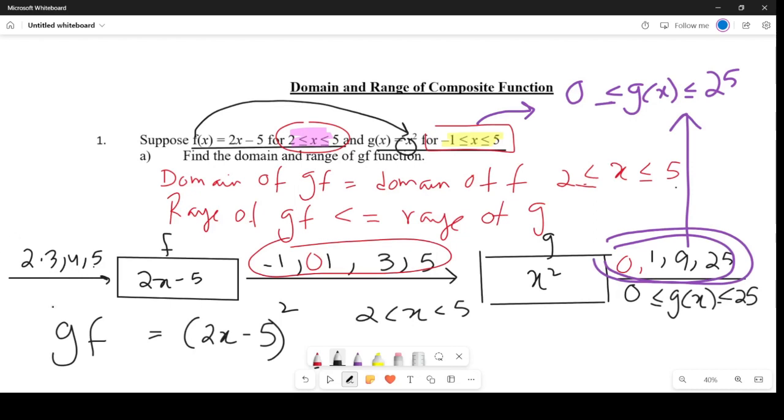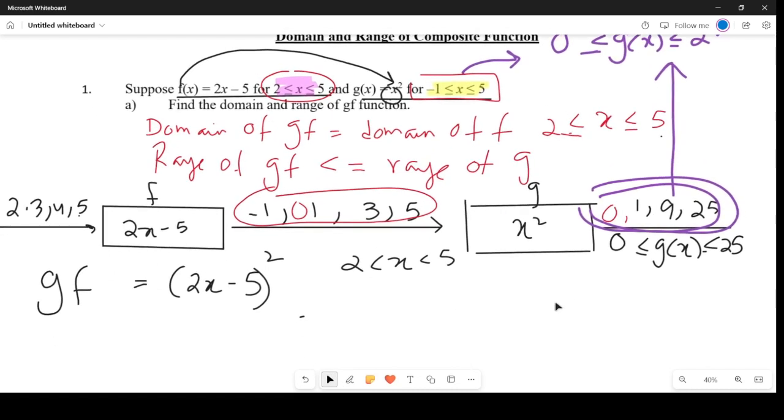Yep, okay, 1. So 1 is the answer. What else do we get? When you feed 5 to it, you get 25. But do you get 0 as well? Maximum value I know is 25. Minimum value I think is going to be 0. Yes, it's going to be 0.